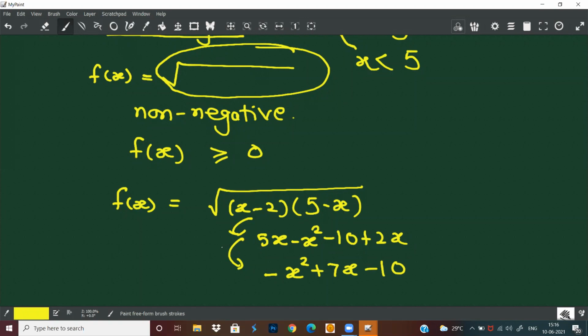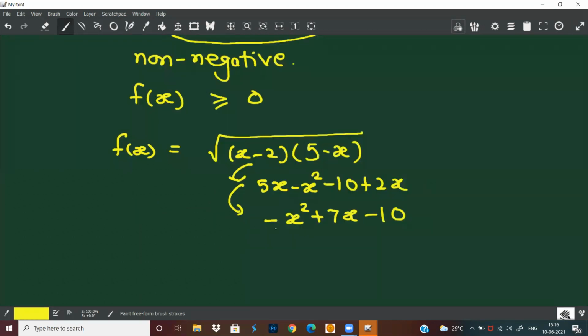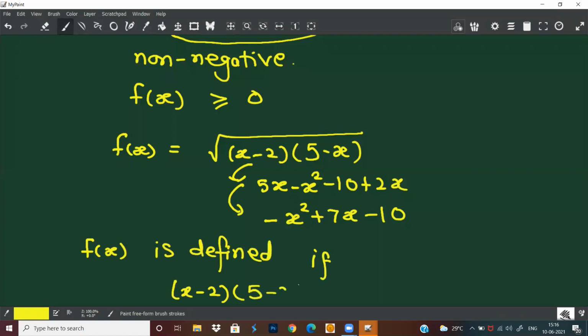So multiply throughout by minus 1. You know, inside the root, your f of x is defined if (x minus 2) into (5 minus x) is non-negative, correct?